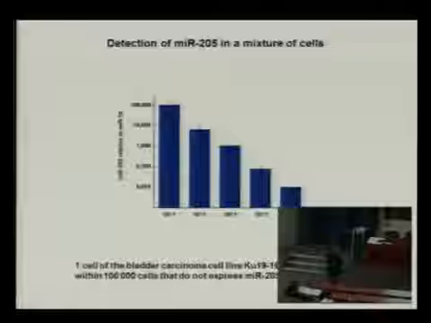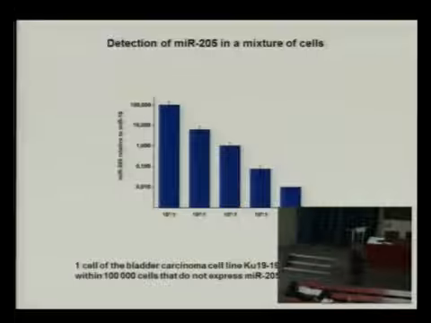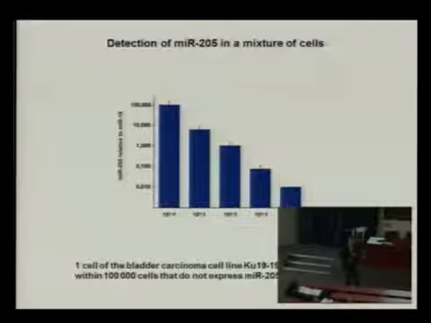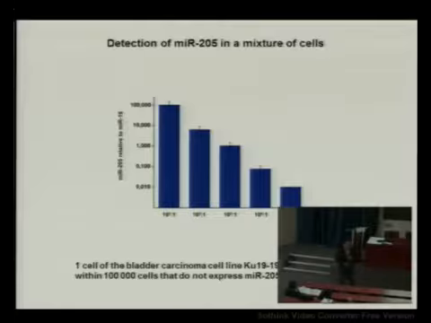And to add some value to this finding, we wanted to see whether the microRNA is also expressed in carcinoma cells, so tumor cells that are derived from epithelial cells. And we found, yes, it's also highly expressed.